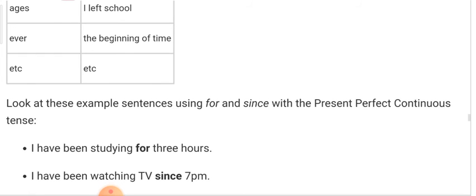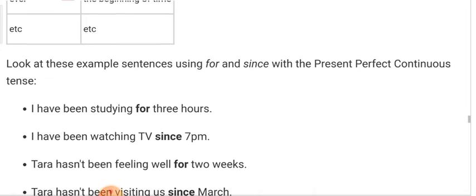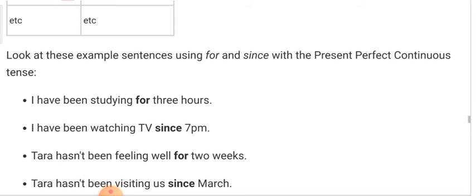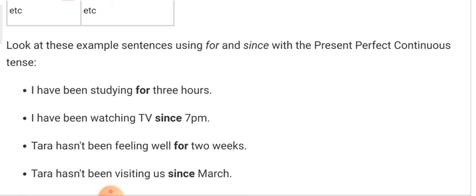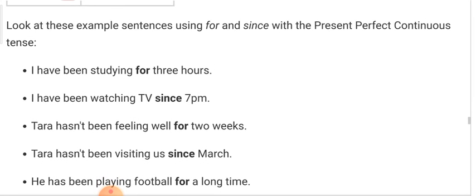I will read some sentences, then I will close. I have been studying for 3 hours. For 3 hours means I have been studying continuously, and at the moment I am studying. That is why here for is used.